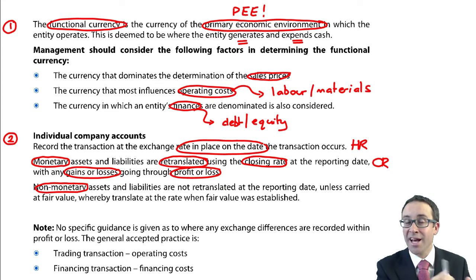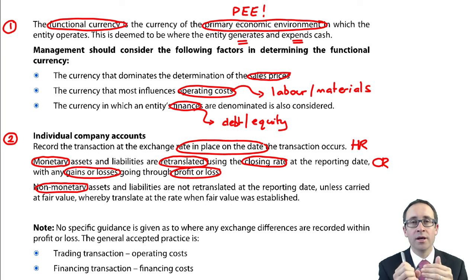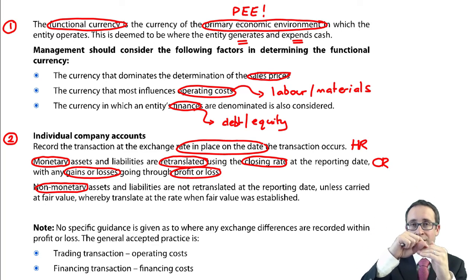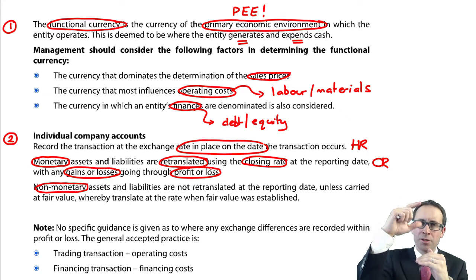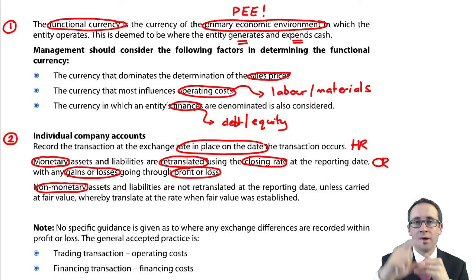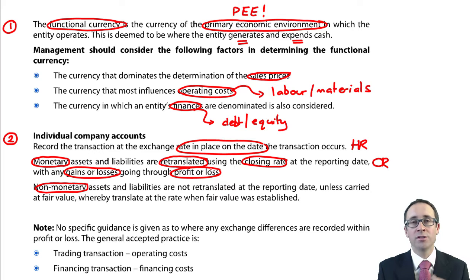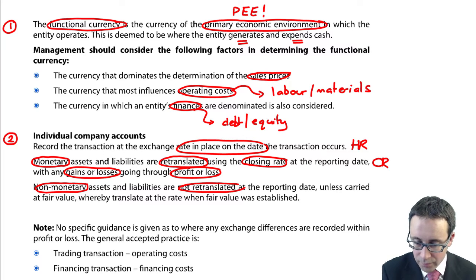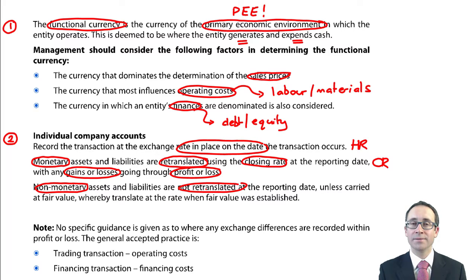Inventory will be converted into cash, but it needs to be converted into a receivable first, so it is deemed non-monetary. So essentially, everything that is non-monetary is everything above receivables, isn't it? Those non-current assets and that inventory current asset. So everything above receivables is essentially non-monetary. And because that non-monetary is not readily convertible into cash, it is not retranslated. Okay, so you leave it at its particular value.